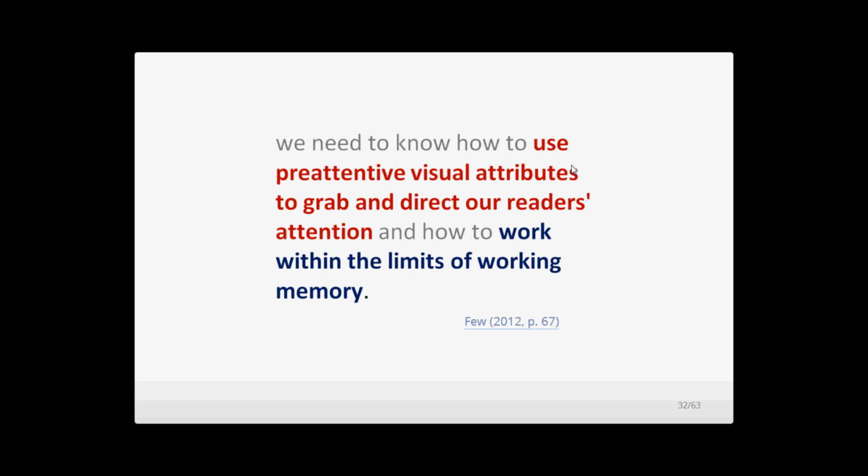That happens in the iconic memory. And then also we need to think about how to work within the limits of the working memory. If we focus on those two things, we're more likely to grab our reader's attention, communicate effectively, see patterns and trends in our data, and make better decisions.